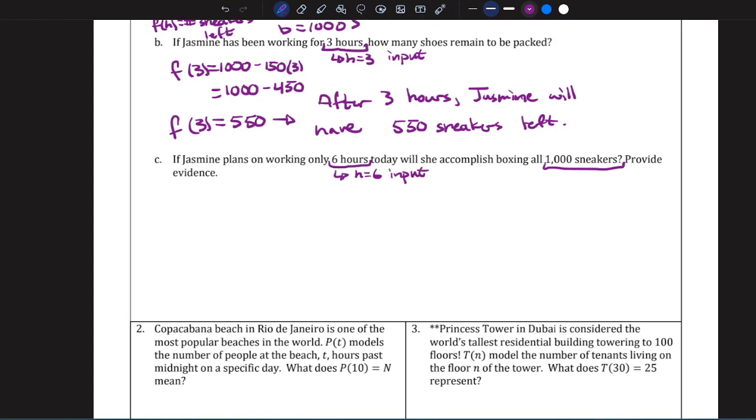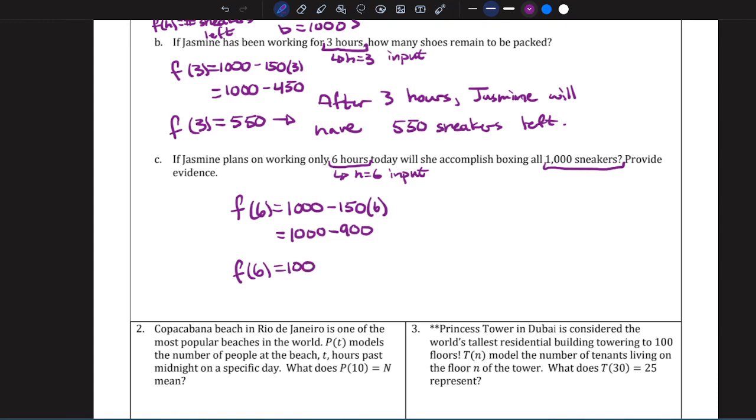And so we're going to go ahead and take this and say, okay, f of 6 is actually equal to 1,000 minus 150 times 6. Well, that means that we have 1,000 minus, okay, 150 times 6, that's going to be 900. Uh-oh, this is already not looking good. F of 6 is equal to 100.